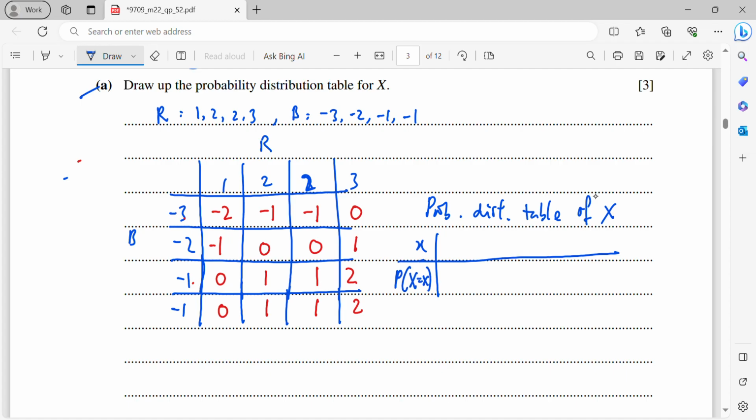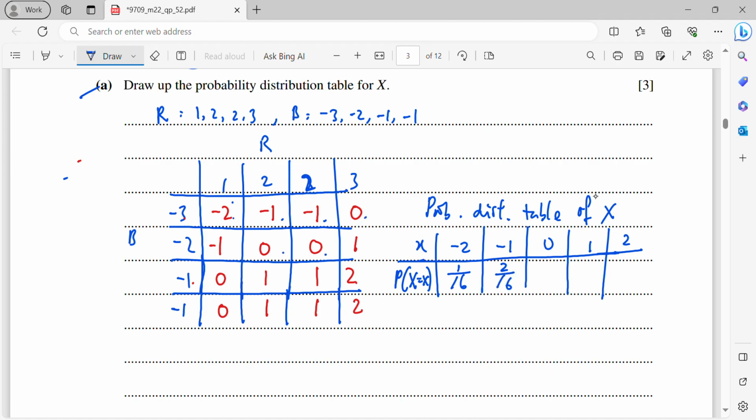The smallest value is -2, followed by -1, 0, 1, and the largest is 2. When it is -2, I see 1 time. In this table, there will be a total of 16 sums. Therefore, 1 over 16. And I see 2 times of -1, so the probability will be 2 over 16.